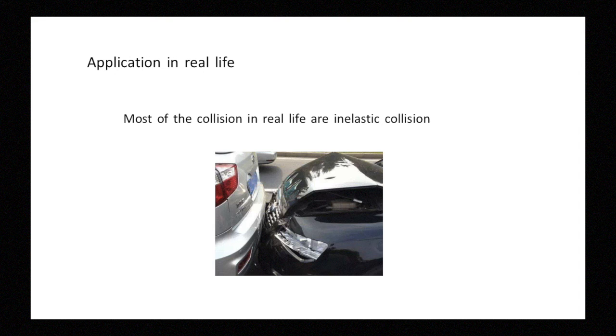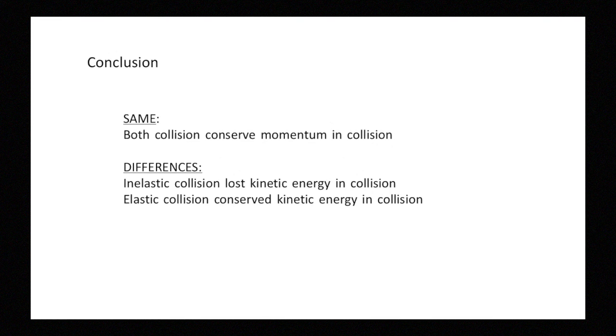The third reason is that the cars have friction with the road, so they slow down after the collision. And the fourth is that in an inelastic collision, the two cars will stick to each other and not move because they lost their kinetic energy.